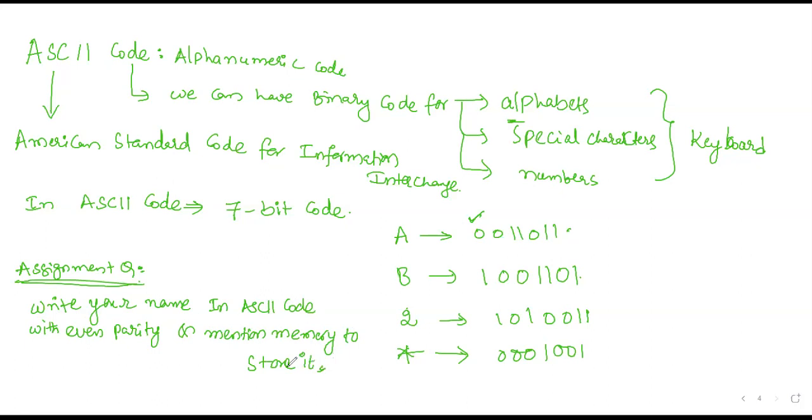Generally, how much memory is needed to store your name? I will explain with my name, then you go on in a similar way. Okay. This is the next assignment question. Write your name in ASCII code with even parity.